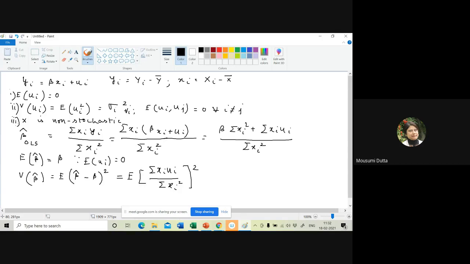You know the formula for beta hat OLS: summation xi yi divided by summation xi square. Now we will check whether this beta hat OLS is unbiased, whether it is giving the minimum variance or not. So in place of yi, please write down beta xi plus ui.